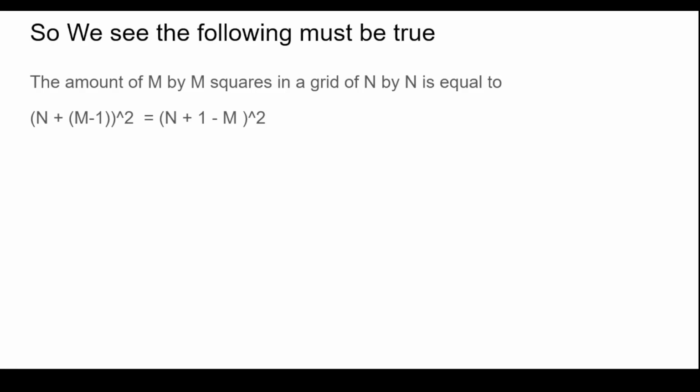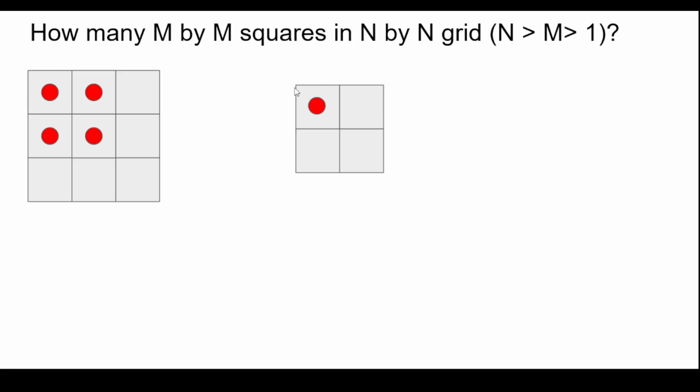The number of m by m squares in a grid of n by n is equal to (n minus m plus 1) squared. Why? This is m right here, and m minus 1, we don't count the key square. And this is n.